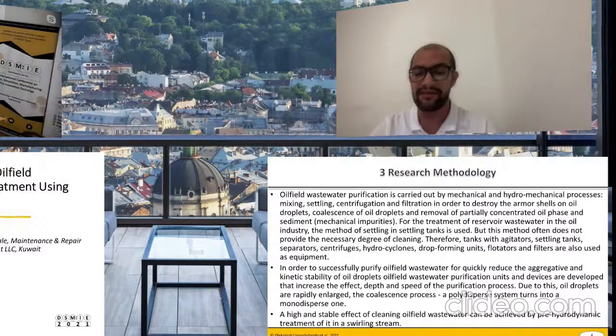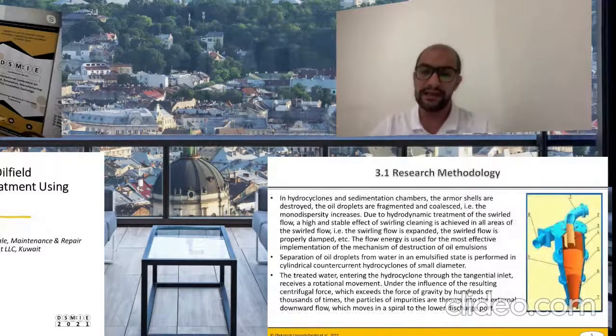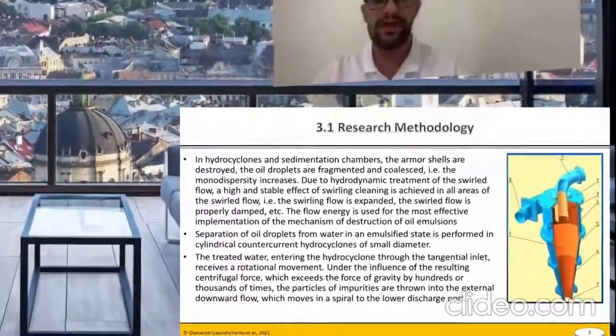A high and stable effect of cleaning oil-filled wastewater can be achieved by pre-hydrodynamic treatment of it in a swirling stream. In hydrocyclones and sedimentation chambers, the armor shells are destroyed. The oil droplets are fragmented and coalesced.